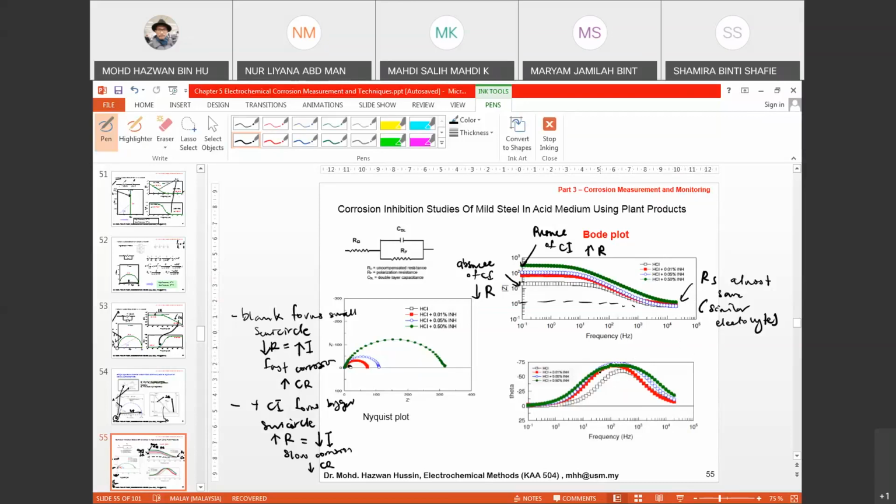All right. How about the phase angle? As I've told you, with the absence of corrosion inhibitors, it forms a smaller phase angle or theta value.